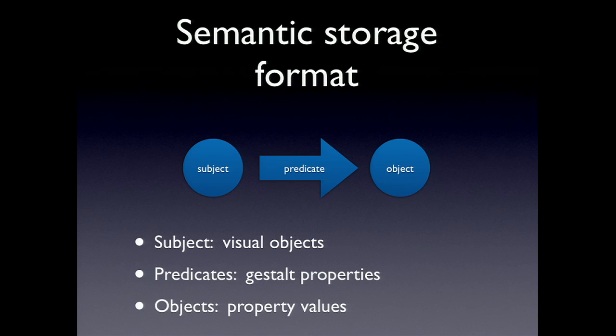So we store every visual object we find on a page in the form of a triple. I don't know if you're familiar, basically most of you are familiar with that. So we have subjects, predicates, and objects, and our subjects are the visual objects.